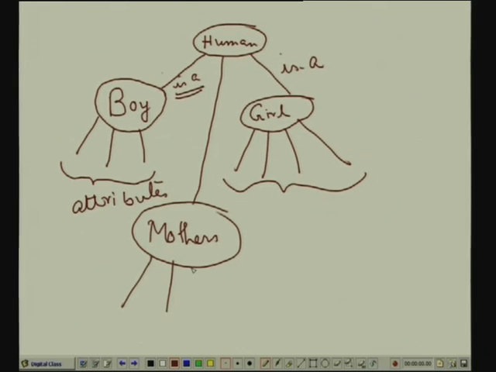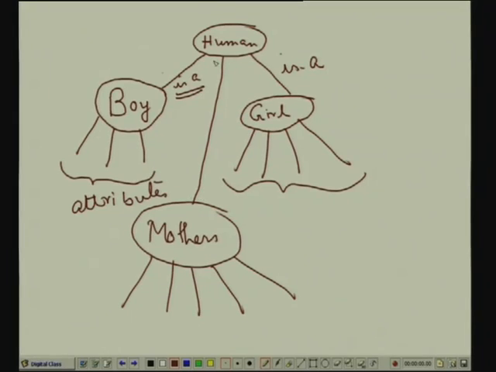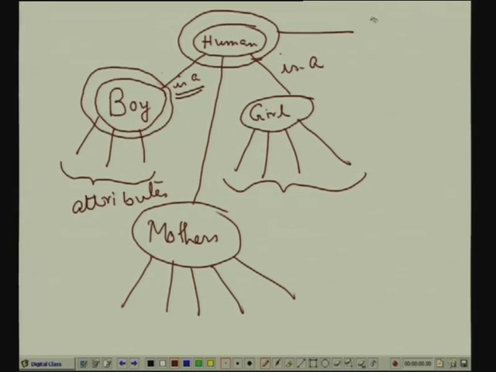Now, what is important over here is that if I think of this human being to be a class, then the concept boy is a subclass of this class human. So, here is a superclass and these are subclasses of the superclass. Okay.